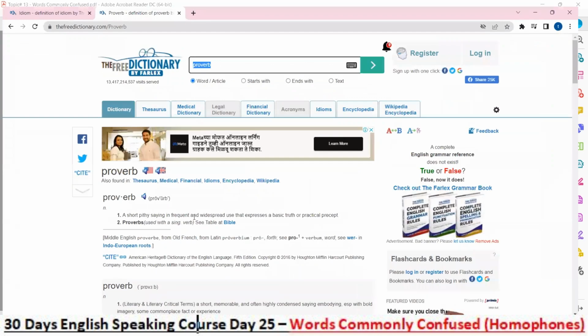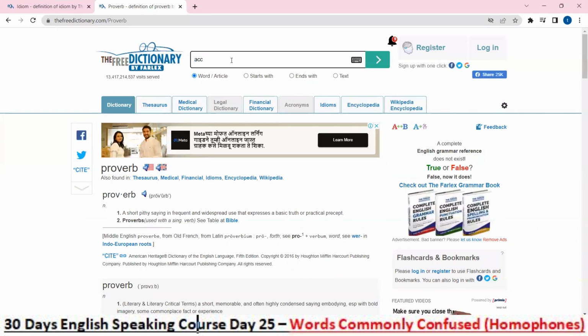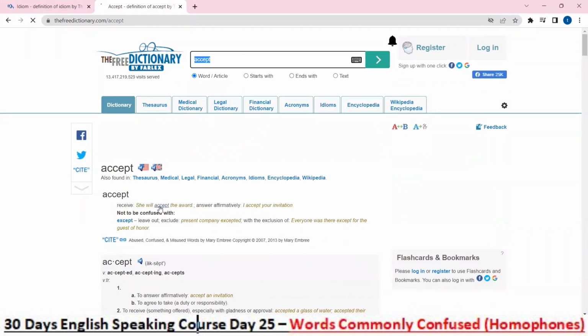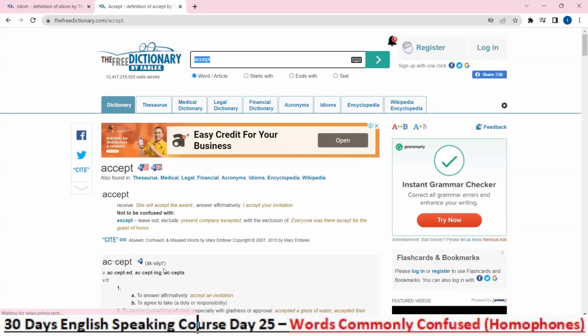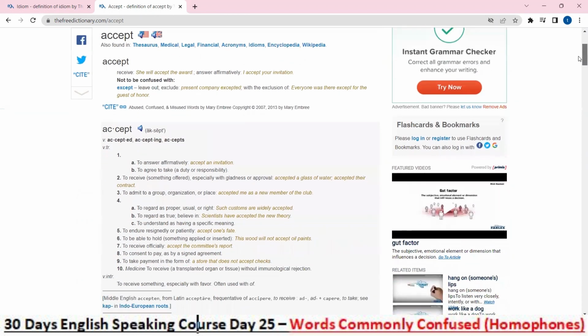Accept, look at the correct pronunciation. It is accept. So we need to emphasize this syllable, act, accept. So the meaning of this accept is, see here, different meanings are there.